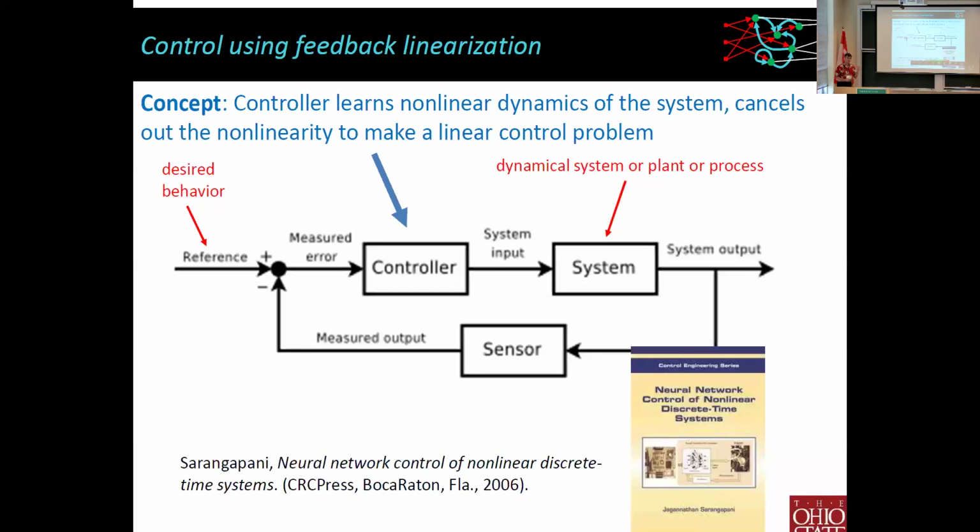It is trying to learn the nonlinear dynamics of the system and essentially, through the control perturbation, cancel out that nonlinear behavior. So I turn the system into a linear problem, so then it's easy to do control. And this has been around for decades. It's usually hard to do, though, because you need a very good model for the underlying system. But instead of trying to create a physics-based model, we're going to bring in a machine learning model for trying to achieve this goal.